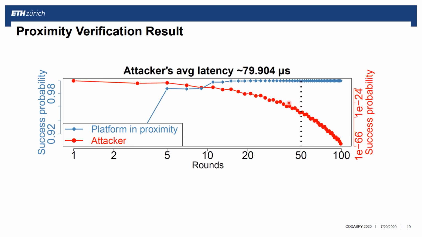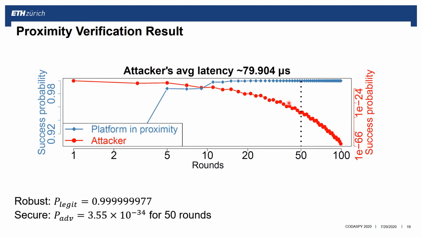The blue one is a very high number, close to 1, while the attacker platform connected over the Ethernet cable is only 10 to the minus 34 over 50 rounds. So the attacker has a really low chance of convincing you that there is no relay attack. So in the real world, ProximiTEE is robust and secure.